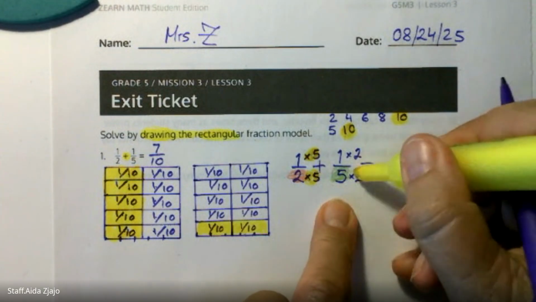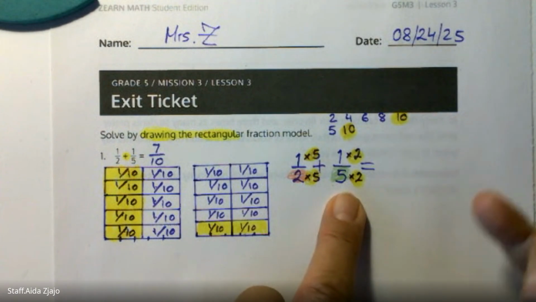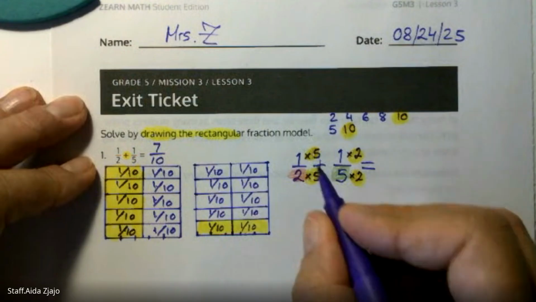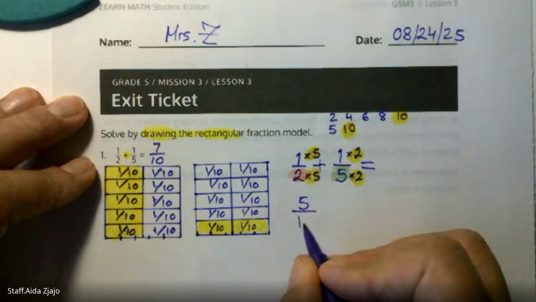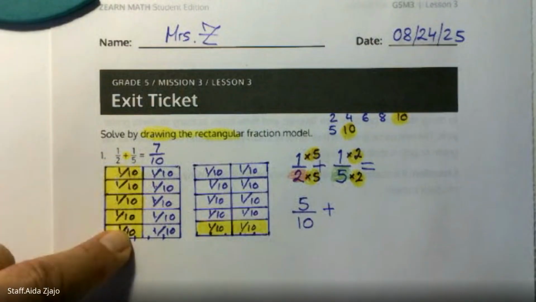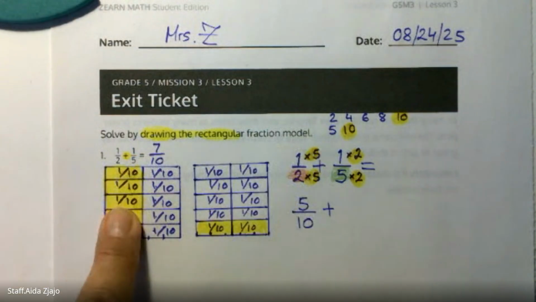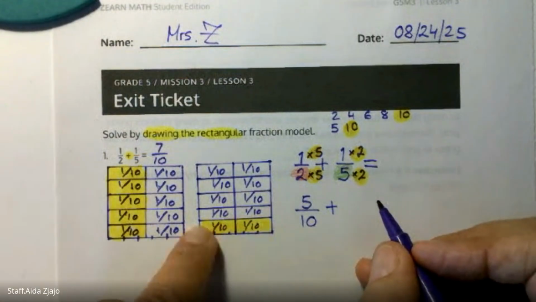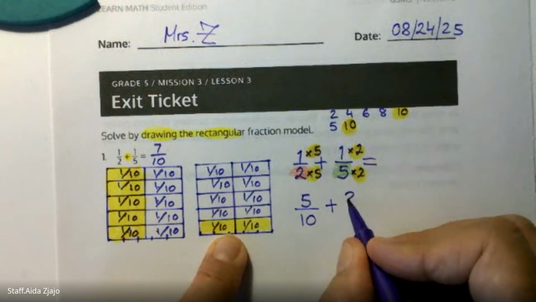So this time I multiply by 2 to make the bottom tenths. And now this part becomes 1 times 5 is 5. 2 times 5 is 10. Plus, you see, 5 tenths. The half becomes 5 tenths. And then 1/5 is going to become 2 tenths.